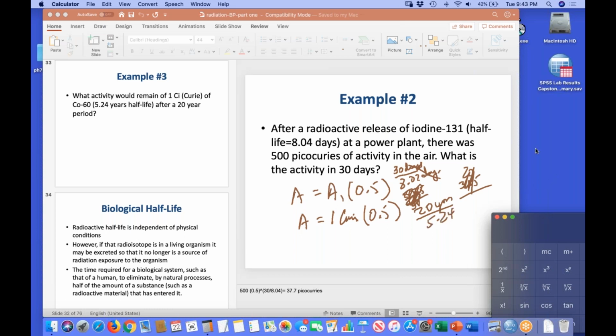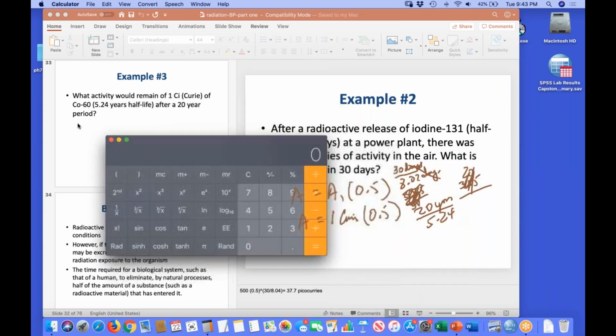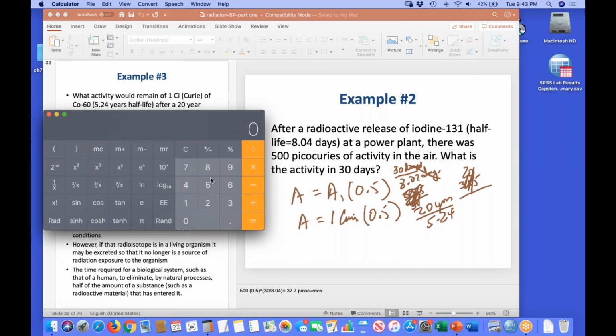Okay, so let's do this calculation. I'm trying to juggle the pen and turn the pen on and off and get the pointer back. Let me make sure I cleared out the memory. 20 divided by 5.24 equals this.